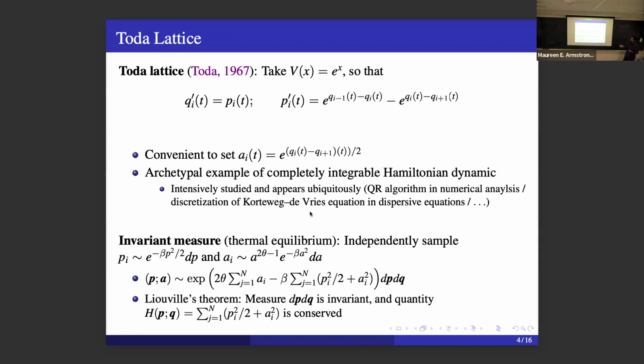And the reason why this is invariant is twofold. First, the Liouville theorem will tell you basically that under a Hamiltonian dynamic the Lebesgue measure is conserved. So dp dq is preserved. And what I also know, a fact quickly verified, not a deep fact at all, about Hamiltonian dynamics is that the Hamiltonian itself is conserved. So this H(p,q) is conserved, which I remind you is this p_i squared over 2 from before.